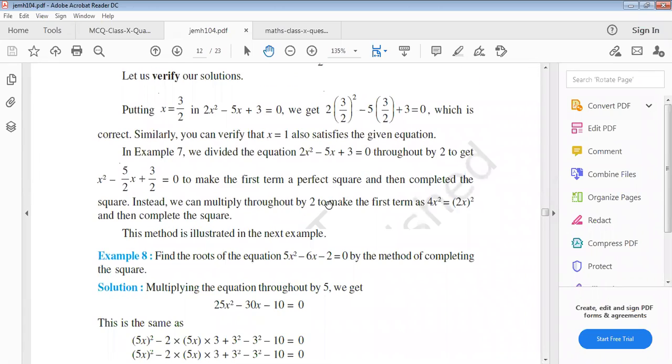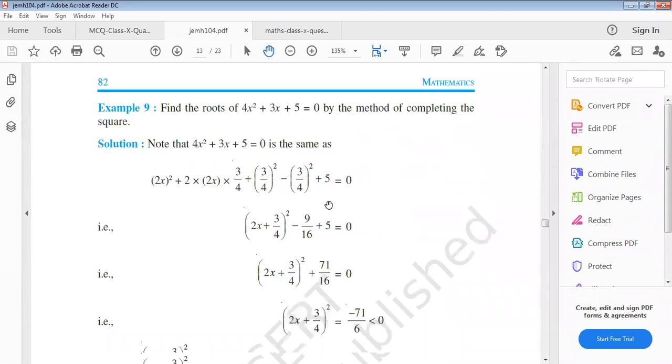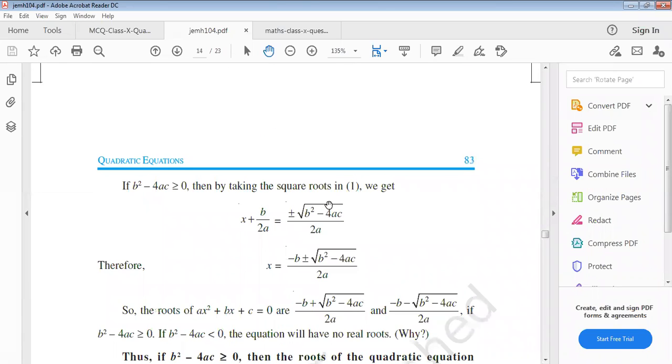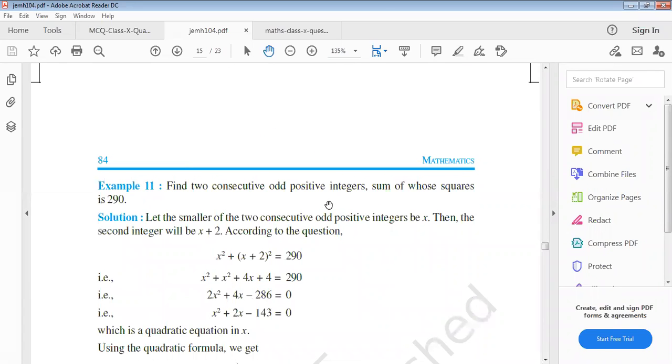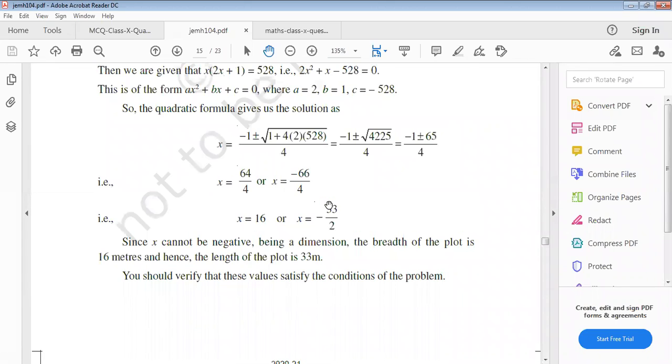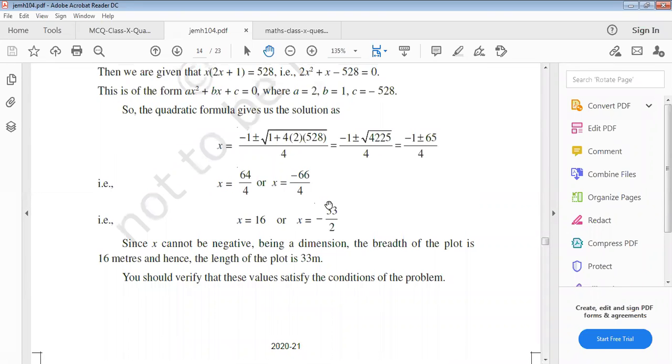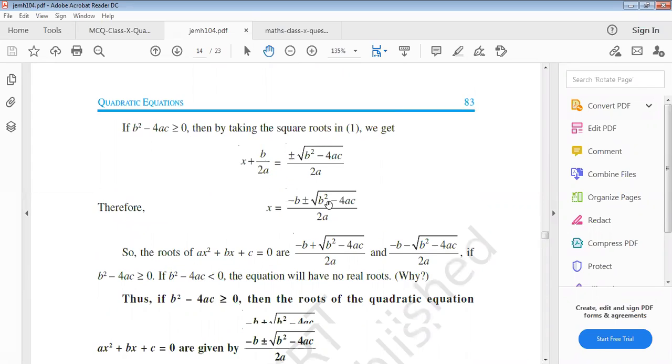Now I'm going for another content: the quadratic formula method. What is the quadratic formula?